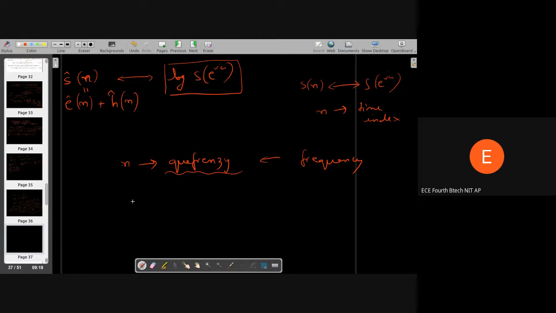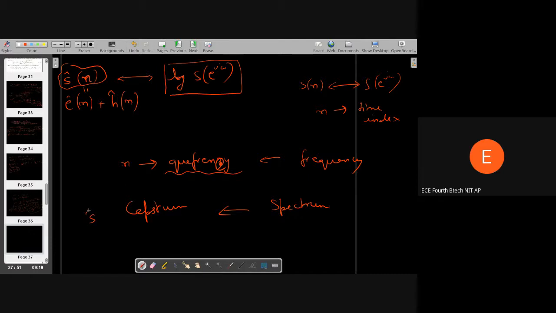Similarly, the word cepstrum. This is a term, this is spectrum. I think this is quefrency. Yeah, you just check it. So this is from spectrum, they just rearranged the letters and came up with cepstrum.